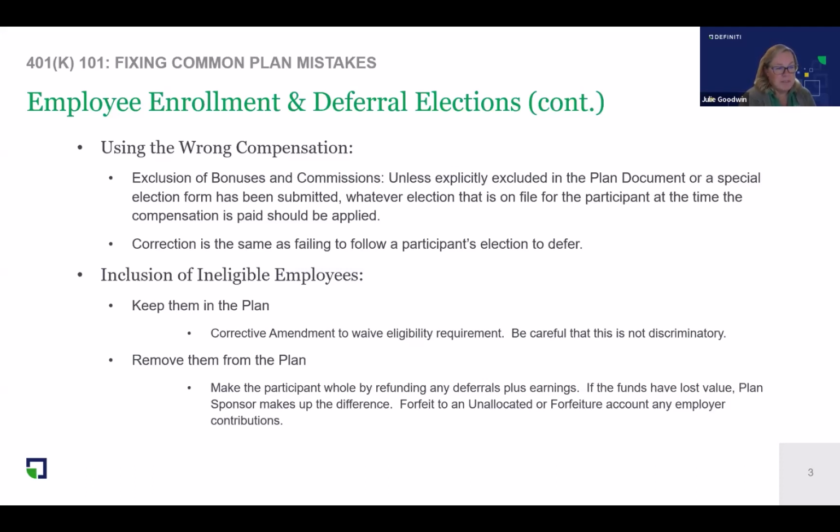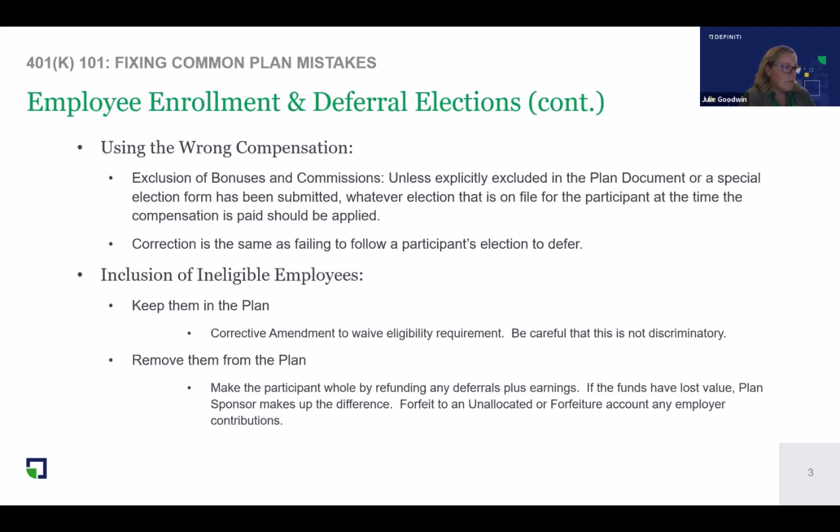So for example, if somebody is hired in August of 2022, they met their year of service in August of 2023, and you have 2 entry dates. Technically, that employee wouldn't be eligible to come in until January 2024, but you accidentally let them enroll in September of 2023, and now you've withheld contributions and they've deferred into the plan.